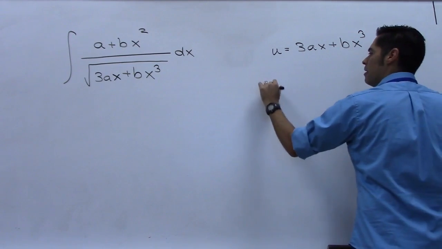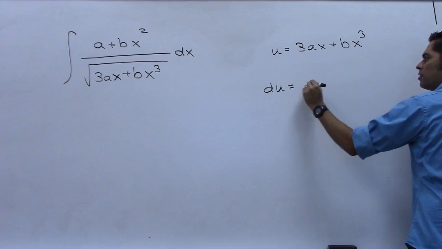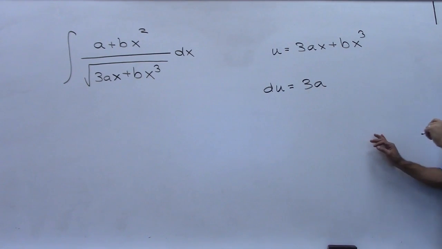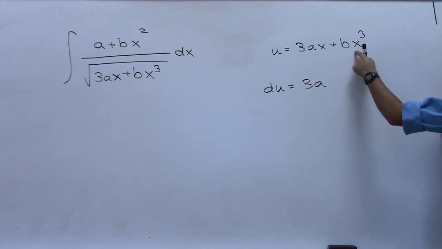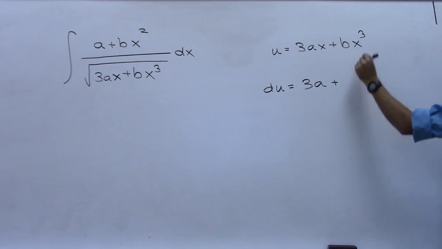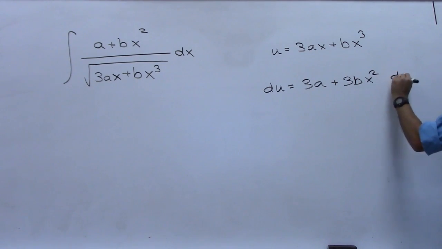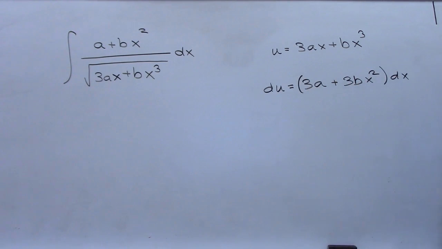Let's just see what the derivative of that would be. What's the derivative of 3ax? Just 3a? Are we comfortable with that? Derivative of this? So the 3 comes down. The b is just going to come for the ride, so 3b x squared dx.